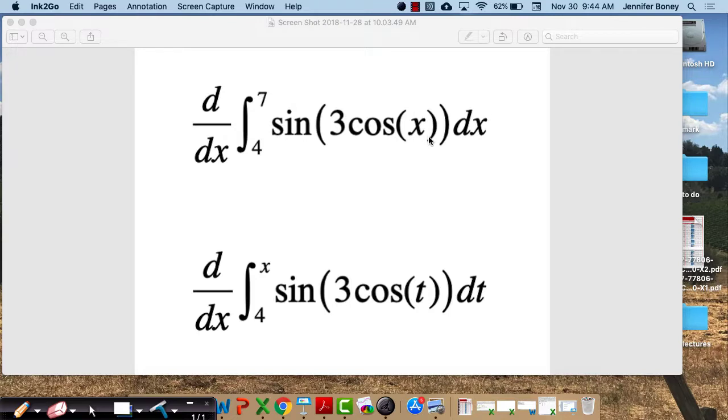So I've got a rate multiplied by a small change in the independent variable. So this is like our m dx expression. And we measure the accumulation from 4 to 7. And then we find the rate of change of that. So I will say that the answer to, like, what does this first thing simplify to? It simplifies down very nicely to, I don't know, one of my favorite numbers.